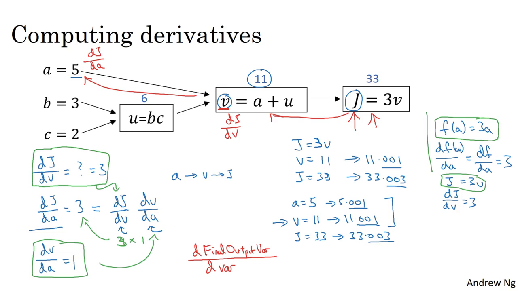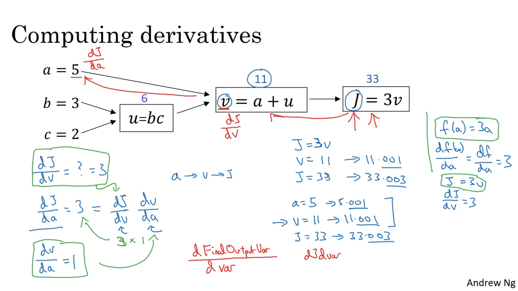And when you implement this in software, what do you call this variable name? One thing you could do in Python is give it a very long variable name like d final output var over d var. But that's a very long variable name. You could call this, I guess, dj dvar.